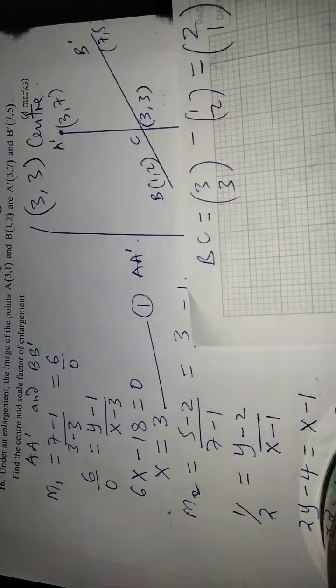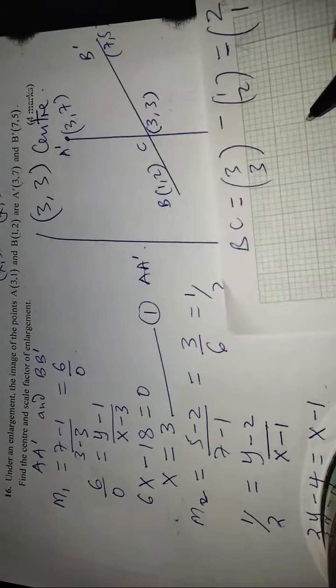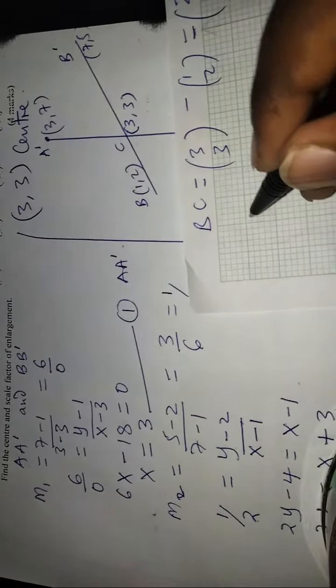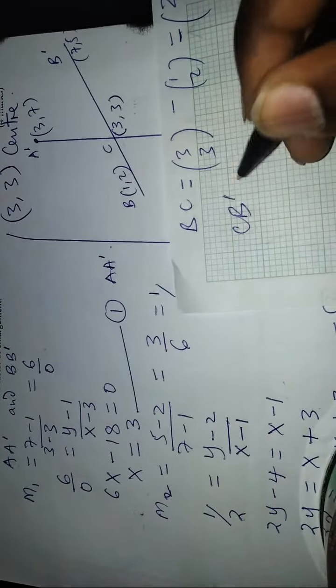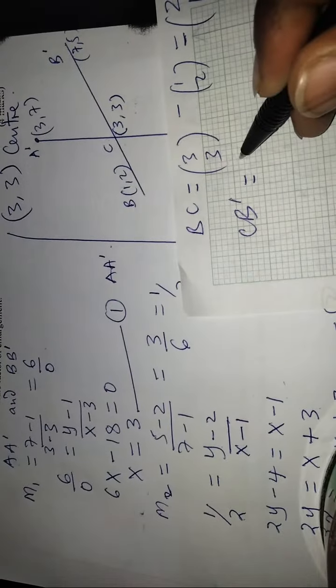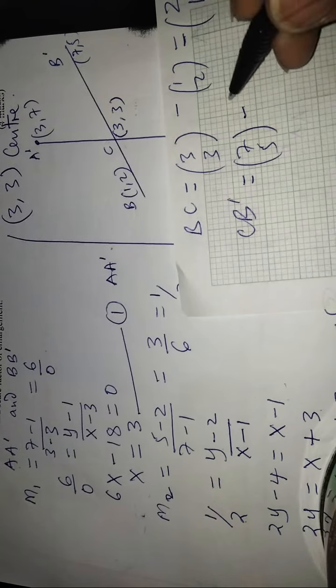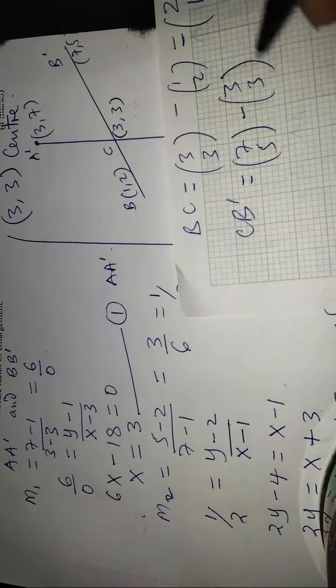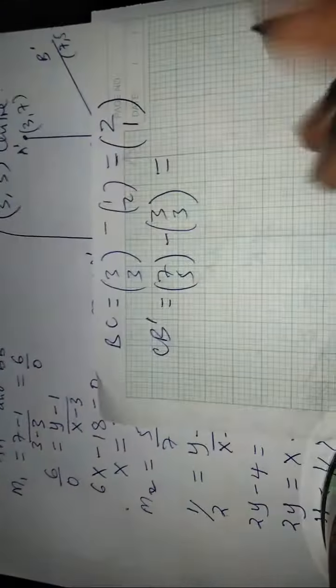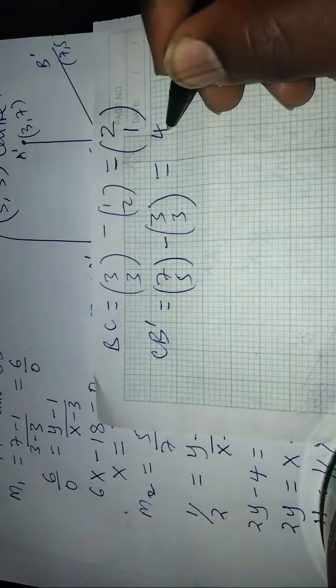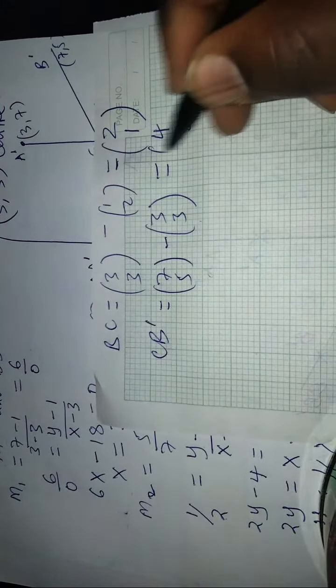The next is going to be from C to B prime, whereby we need B prime, (7, 5), and we subtract C, the center, (3, 3). This will be (4, 2).